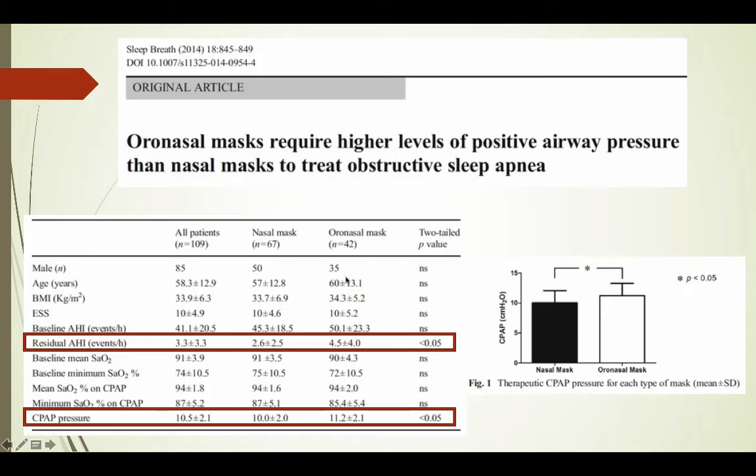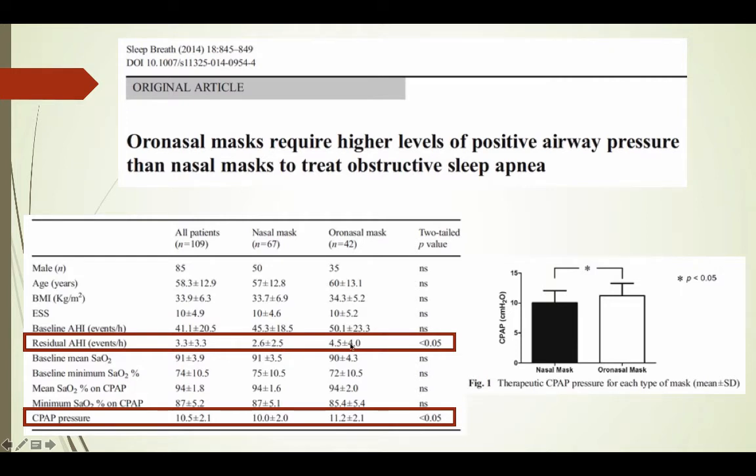So far what you have learned is better opening of the airway happens with nasal mask, lower pressures are required to open the airway with nasal mask, lesser side effects are there with nasal mask, and adherence to treatment is better with nasal mask as compared to oronasal mask. The fifth lesson that you need to learn is residual AHI is lower on nasal mask as compared to oronasal mask.